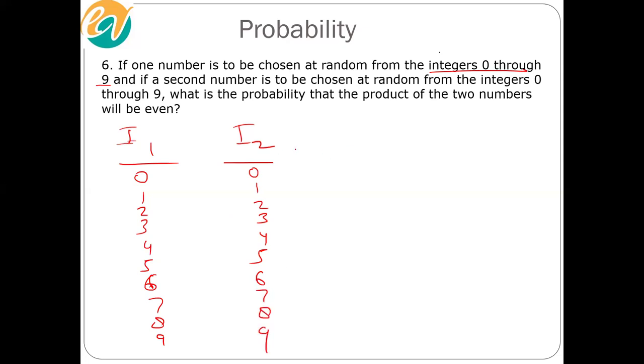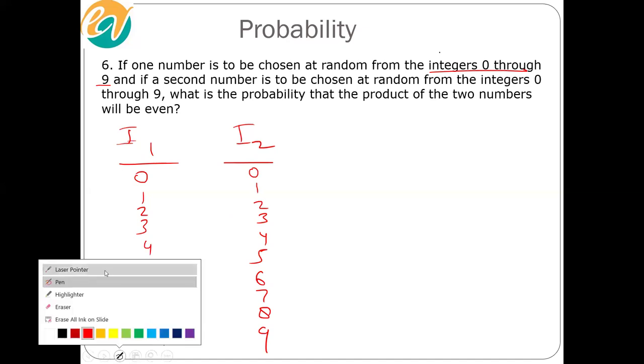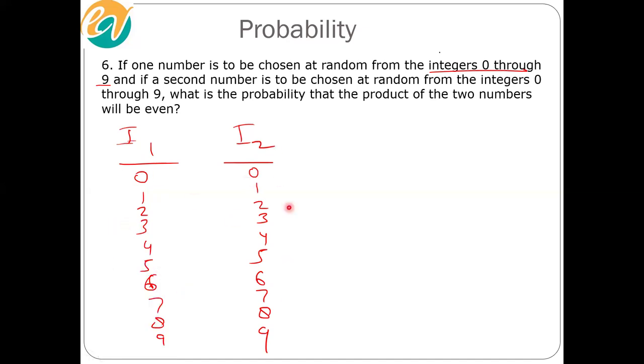And then it says that you select at random a number here, at random a number here. What's the probability that whatever you select, integer 1 into integer 2 has to be even? That's the probability that we have to find out.